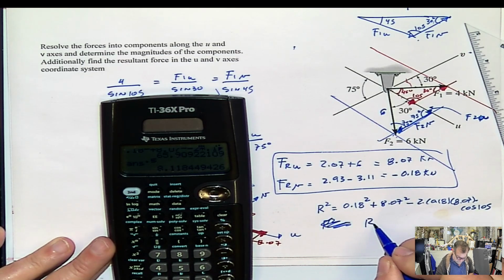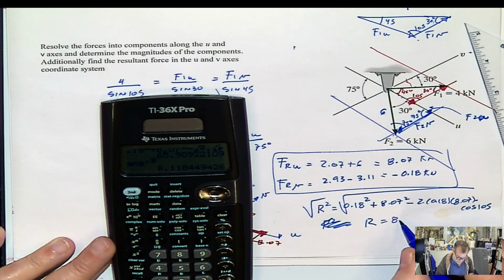So the resultant force, I took the square root already, would be 8.12 kilonewton.